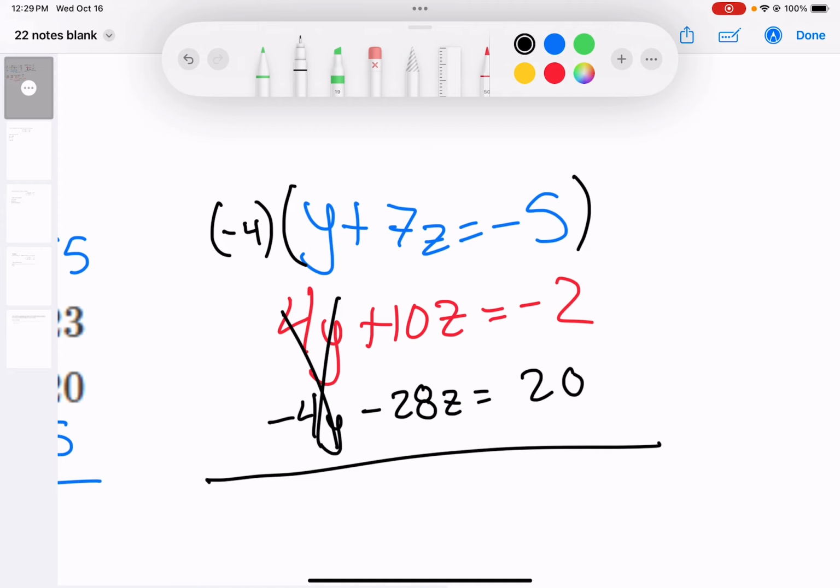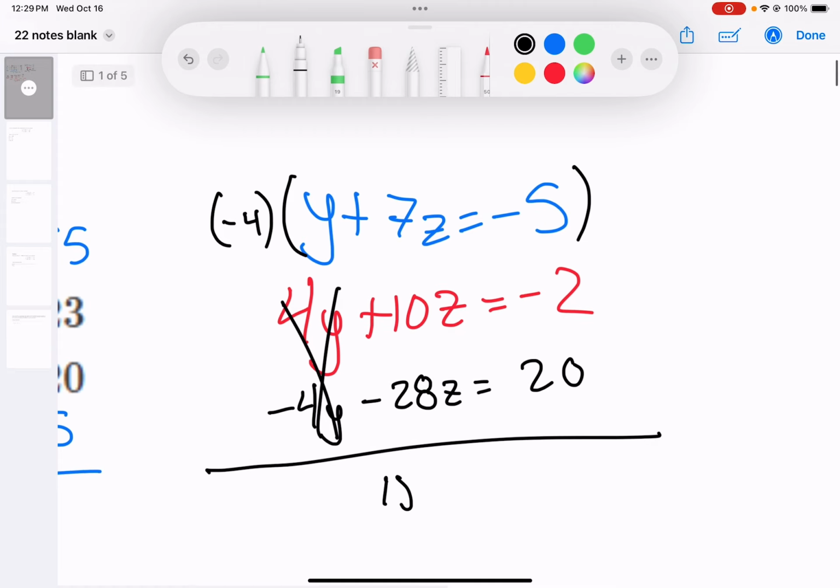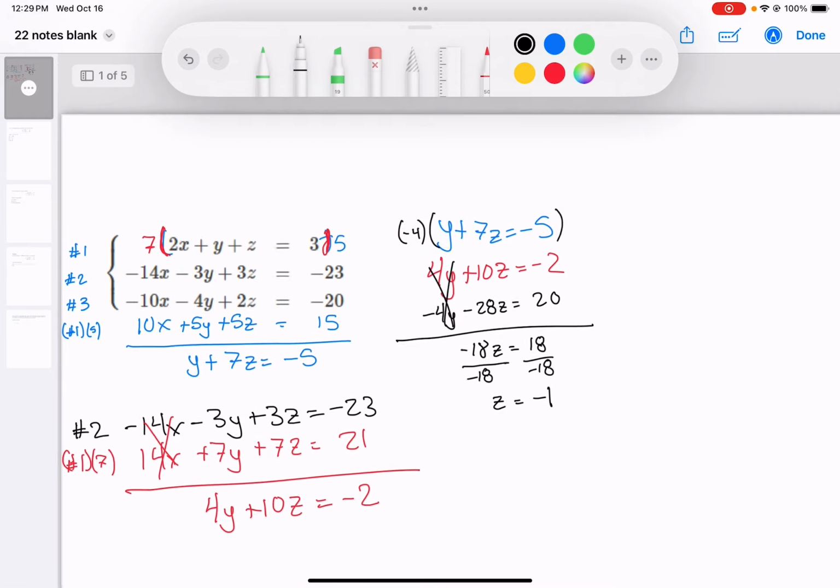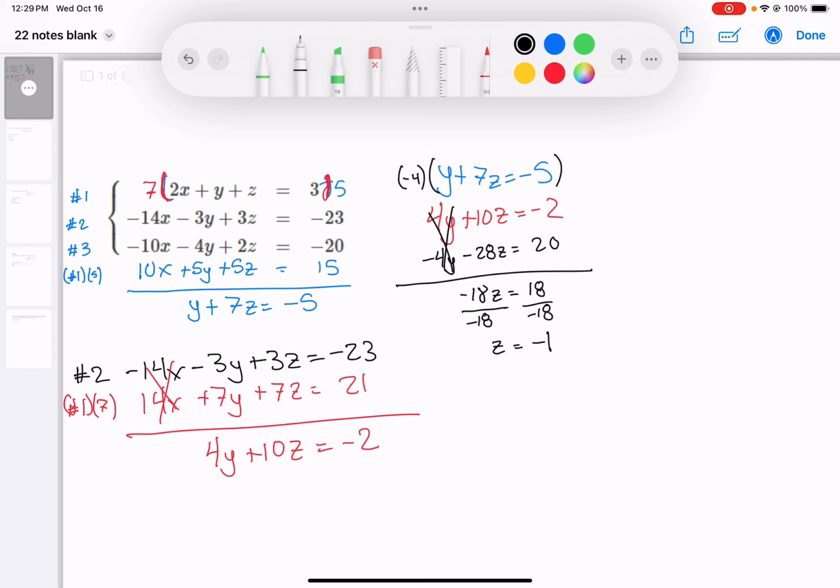As I combine those, it's going to give me a negative 18z equals a positive 18. Then I can get the z by itself. I'm going to divide by negative 18, and z is going to equal negative 1, which is awesome.